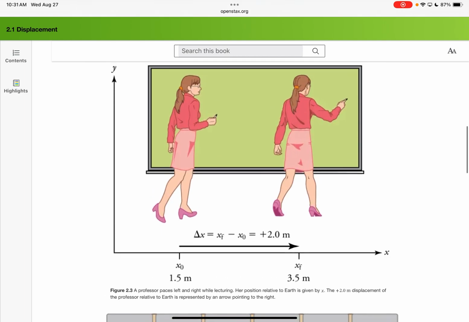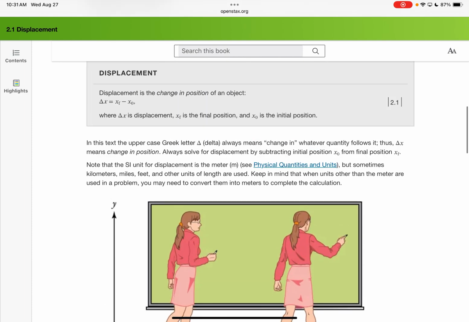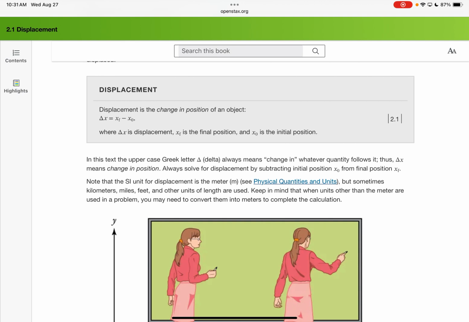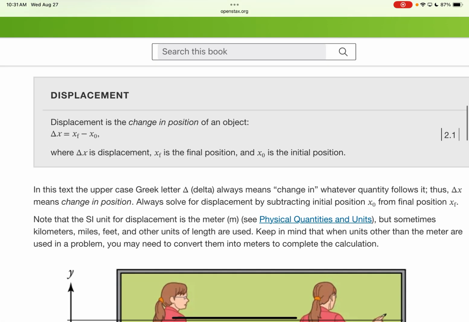On the screen, you see the formula given there that delta x is going to be your displacement, your change in position, with x sub f being the final and x sub 0 being the initial. You subtract the two to find your change in position.